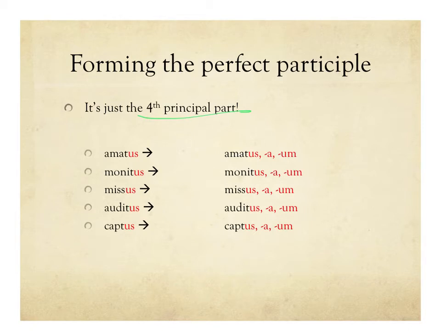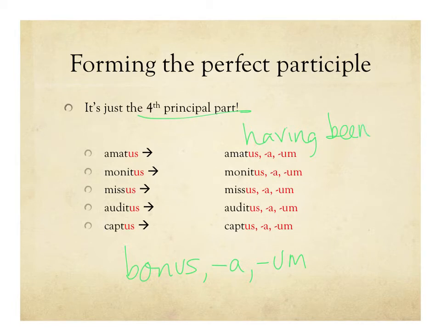Right? And again, these are of that type, bonus, a, um, first, second declension adjective. You can do this in your sleep, and these will mean having been blanked, right?